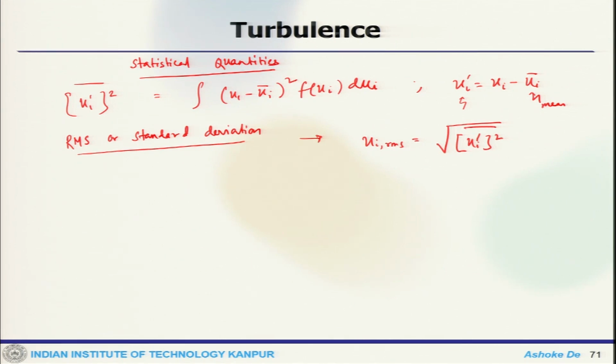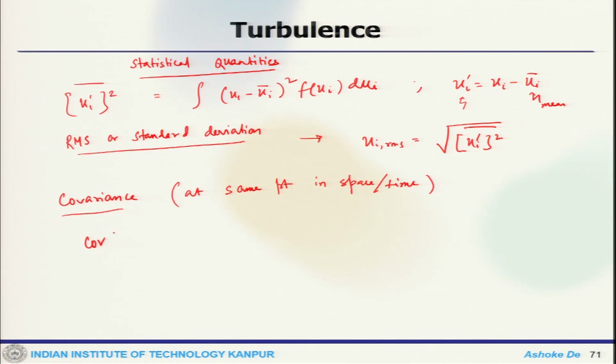Now, we can find the covariance between two velocity components at the same point in space and time.